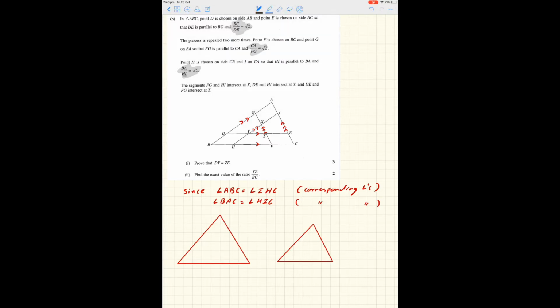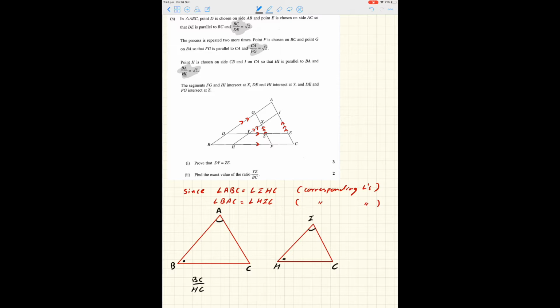So we have triangle ABC and triangle IHC. Now this angle and this angle are the same, we'll prove that, and also this angle up here and this angle are also the same. Since the two triangles are similar, the sides must be in the same ratio. What does that mean? It means that BC over HC.